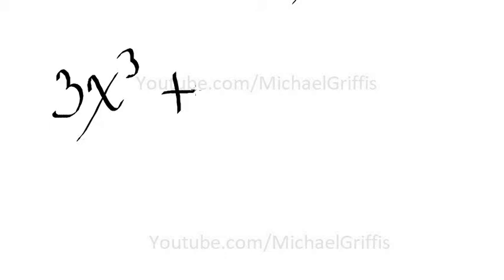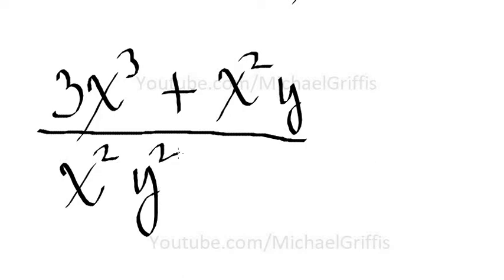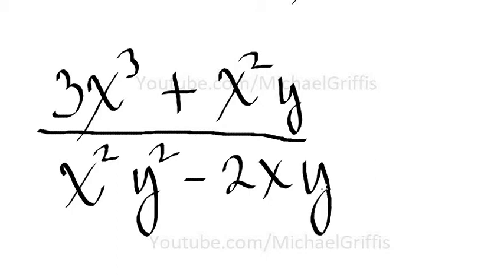Let's look at something that's a whole lot more complicated. Let's look at 3x cubed plus x squared times y over x squared y squared minus 2x y cubed.